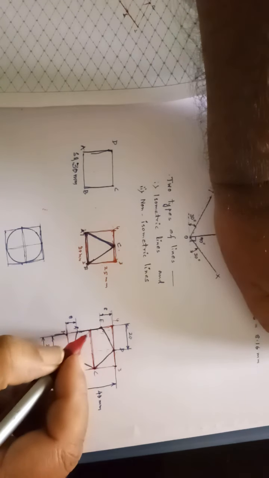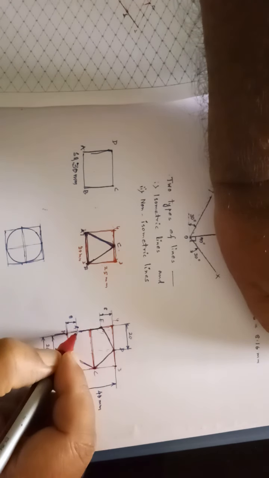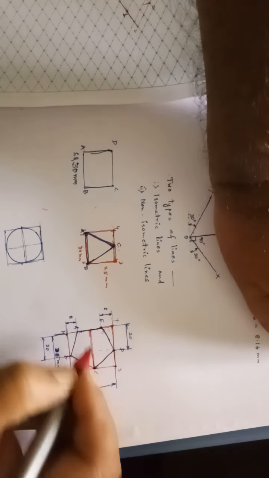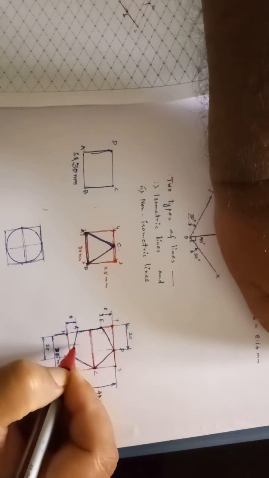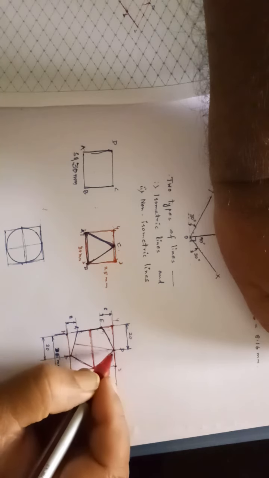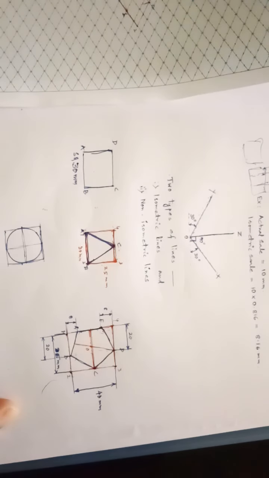Then draw the perpendicular bisectors of any two adjacent sides. So we will take AE, the perpendicular bisector of AE, then the perpendicular bisector of AB. The point at which they meet is the center of the pentagon.